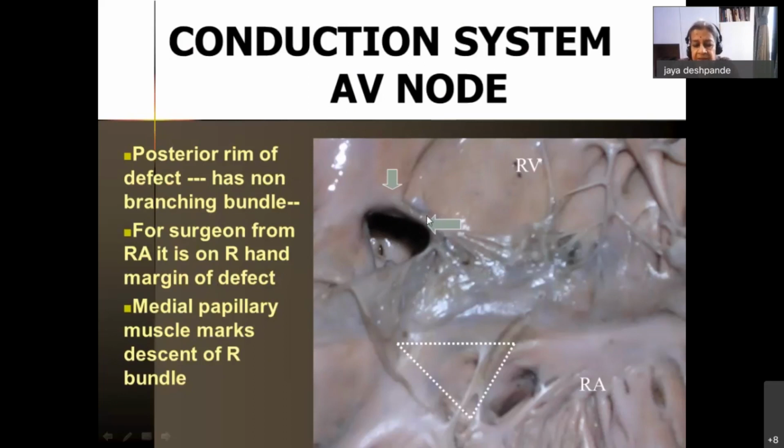So the medial papillary muscle is important because it indicates the point where the common bundle of His penetrates the muscular interventricular septum. The position of this medial papillary muscle will differ depending upon the types of membranous defects. A surgeon is generally looking from the right side, and it will be on the right hand margin as he is operating.